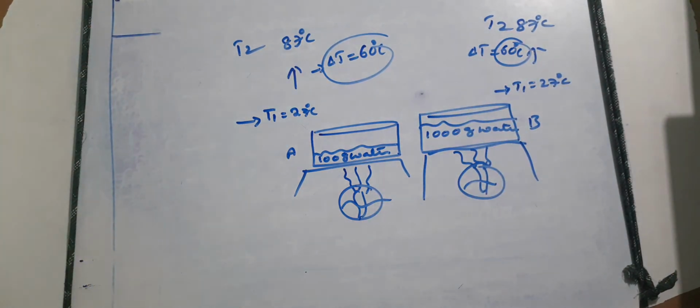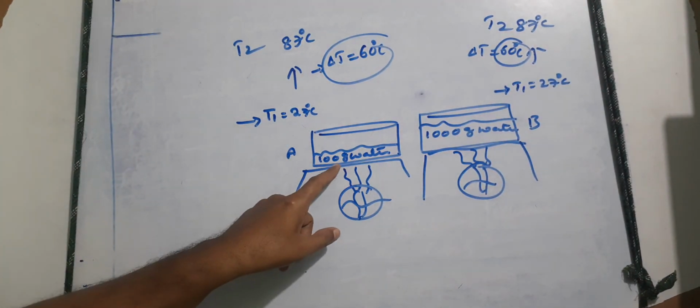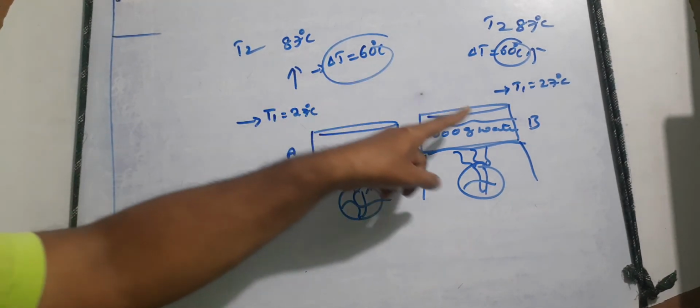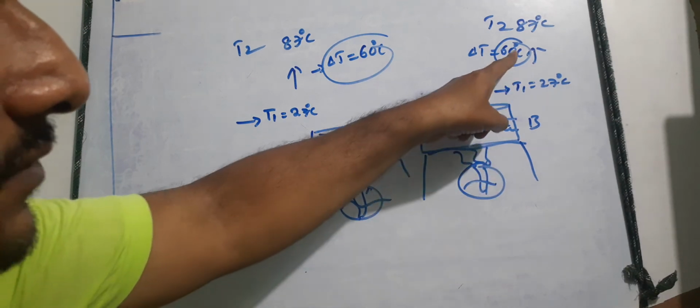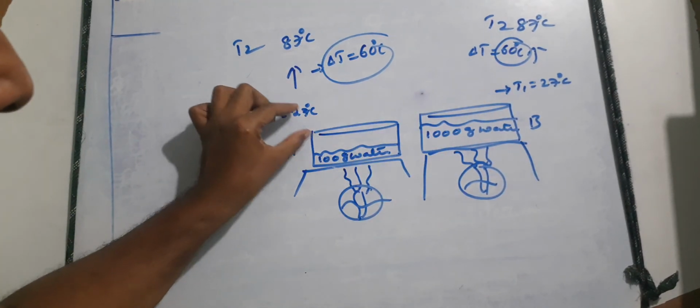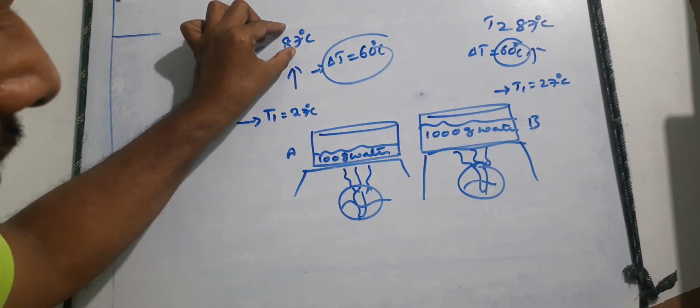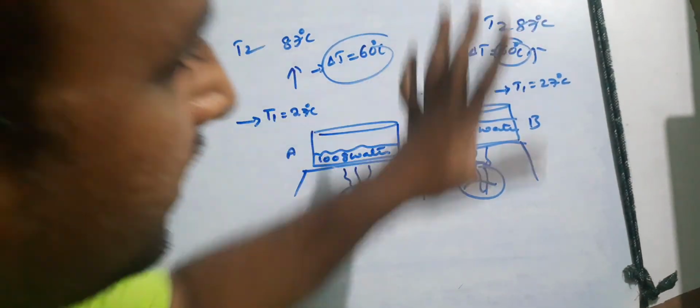So we want to raise the temperature of 100 grams of water by 60 degrees Celsius, and of 1000 grams of water also by 60 degrees, from 27 to 87.